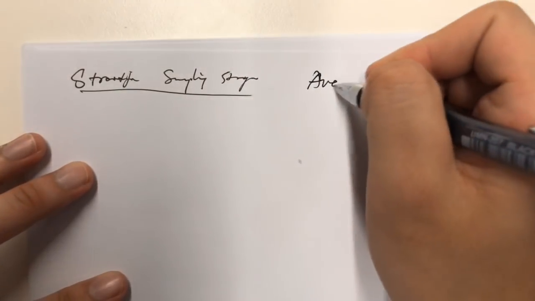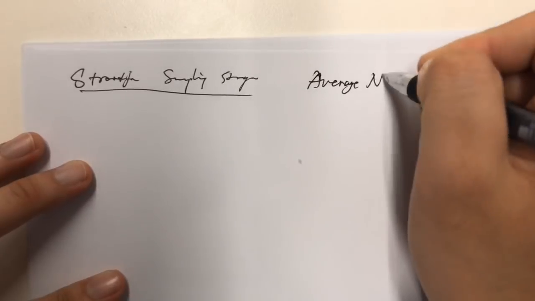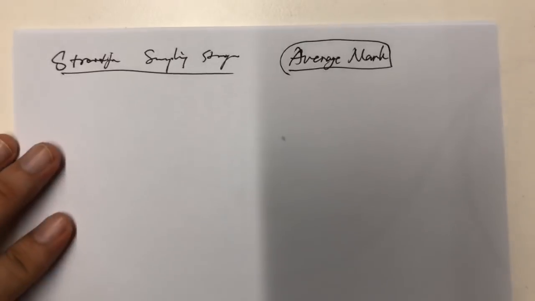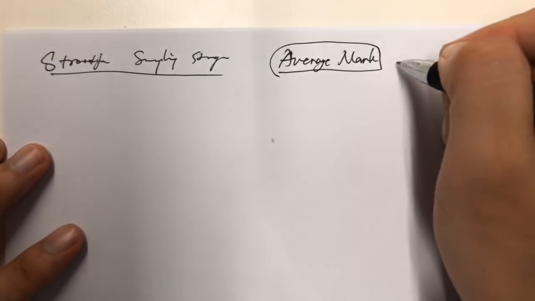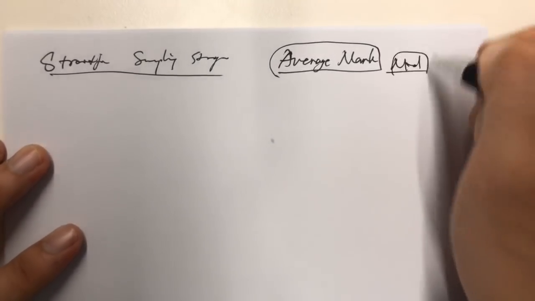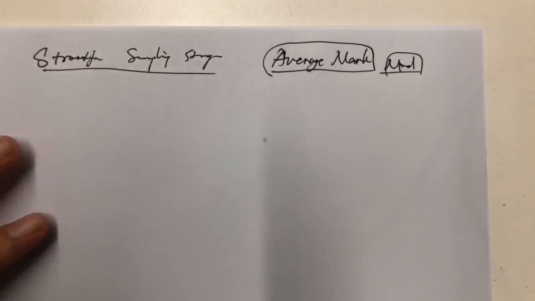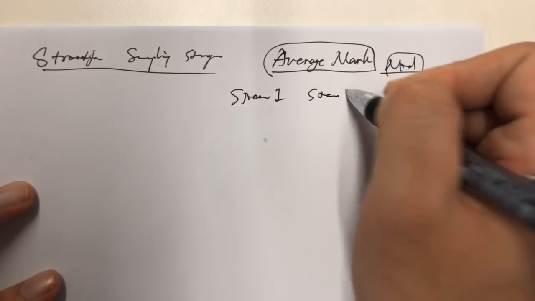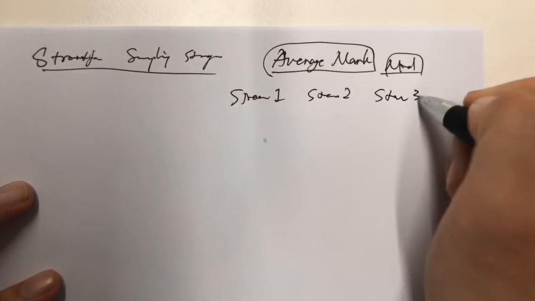For example, if I want to collect the average mark of the mid-semester exam of all students, is that okay? So we have three streams: stream 1, stream 2, and stream 3.